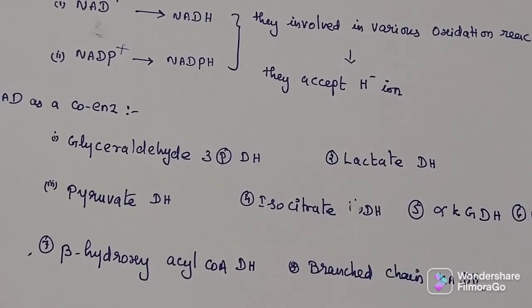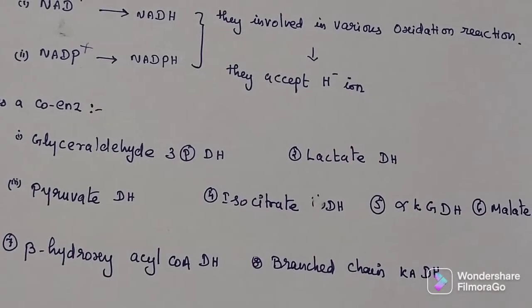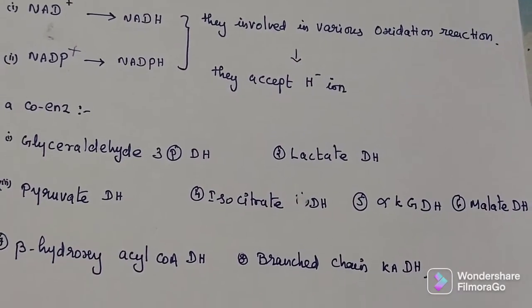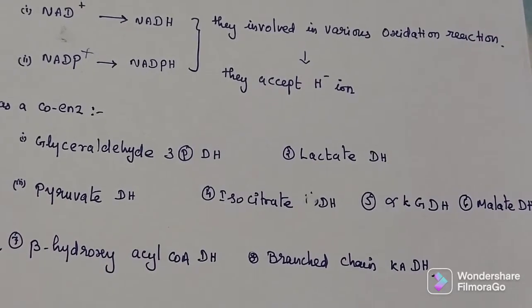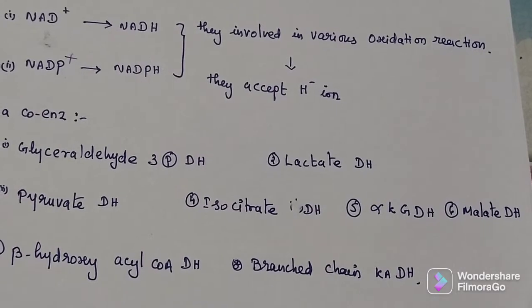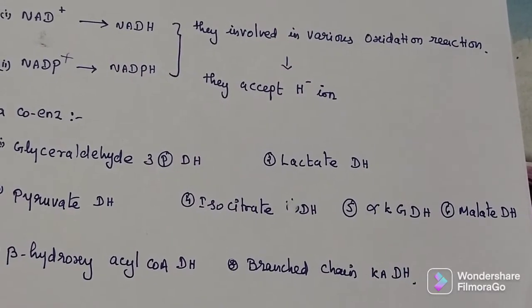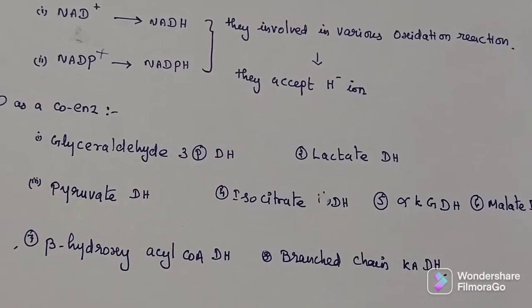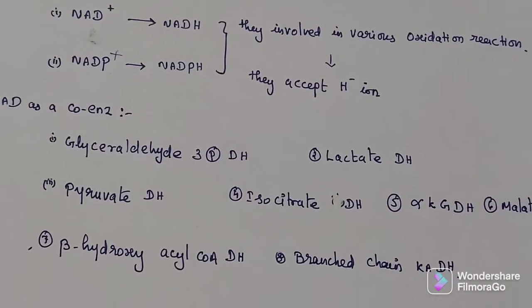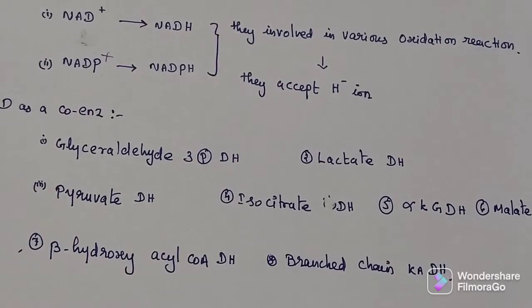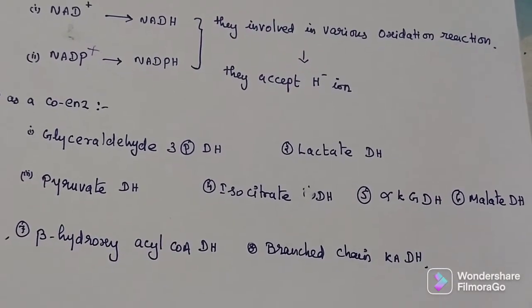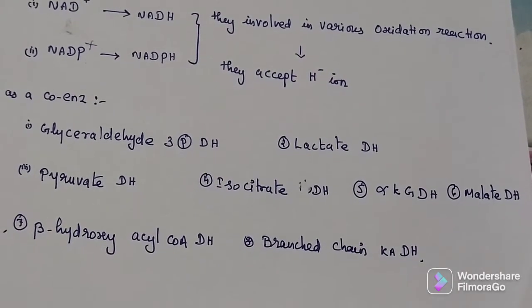What are the enzymes? Glyceraldehyde 3-phosphate dehydrogenase, lactate dehydrogenase, in the Krebs cycle pyruvate dehydrogenase, isocitrate dehydrogenase, alpha ketoglutarate dehydrogenase, malate dehydrogenase, and beta hydroxyacyl dehydrogenase, then branched chain ketoacid dehydrogenase. These are the coenzymes for a number of reactions.